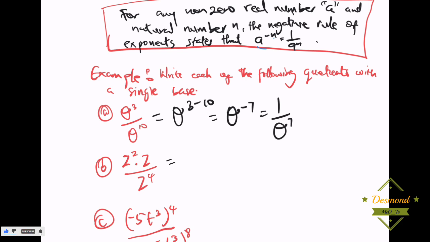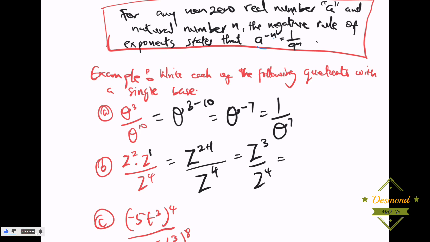We have to simplify the numerator first. With the numerator, we are going to have z exponent 2 plus 1, because there's 1 here, and down we have z exponent 4. So we have z exponent 3, then z exponent 4.